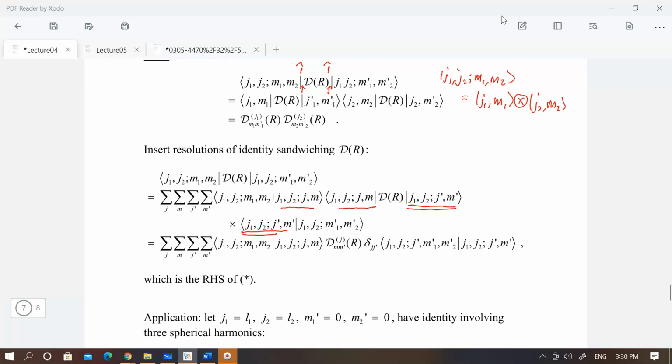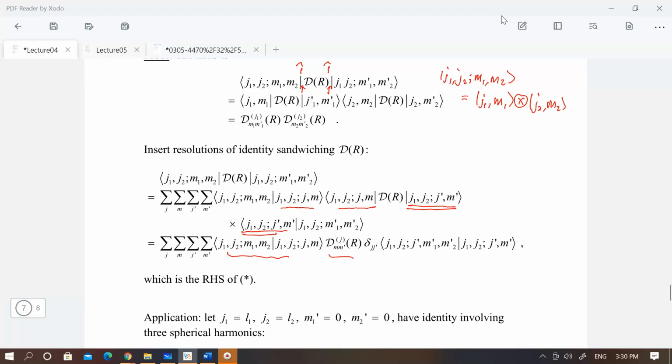What happens there is that you get your Clebsch-Gordan coefficient, and then essentially this will be the matrix element with respect to J and M, and J dash M dash. But J and J dash have to be the same, otherwise it's going to be 0, so you get your delta J J dash there.